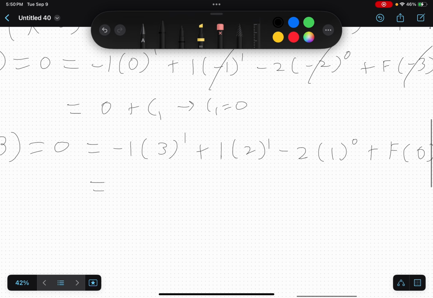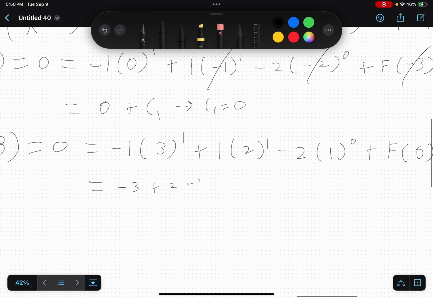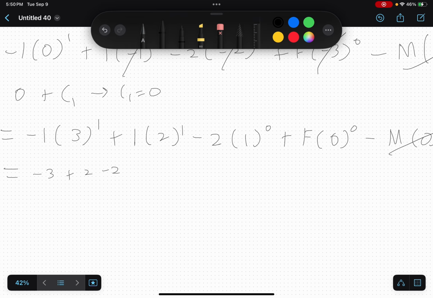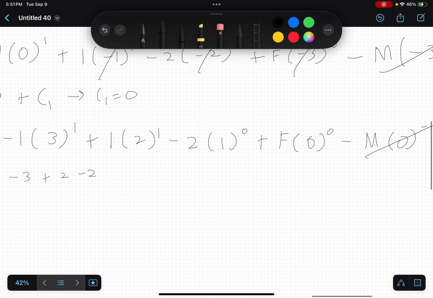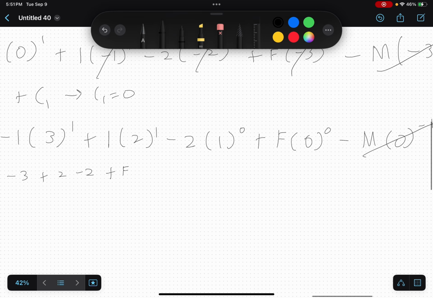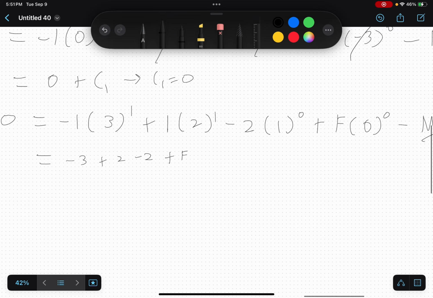So we're left with -3 plus 2 minus 2, because 1 to the 0 is 1, plus f, because 0 to the 0 is 1.